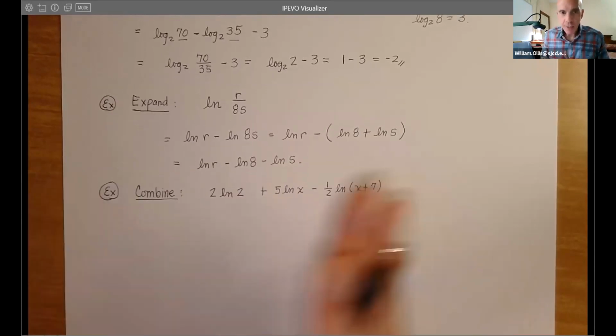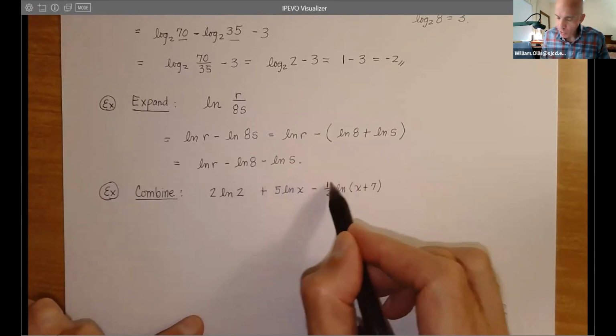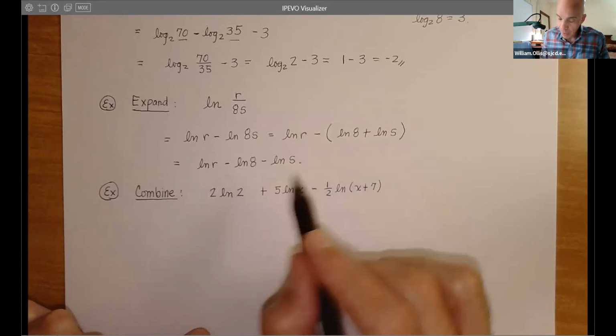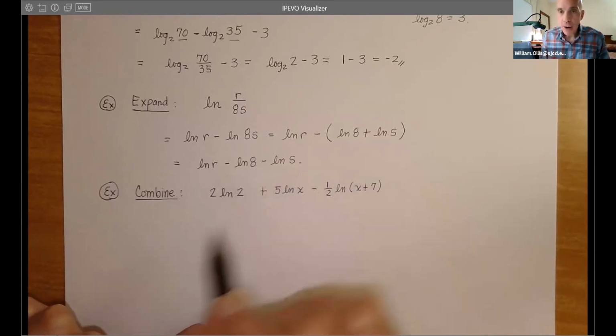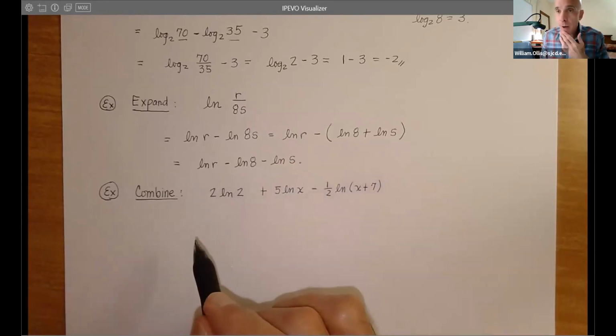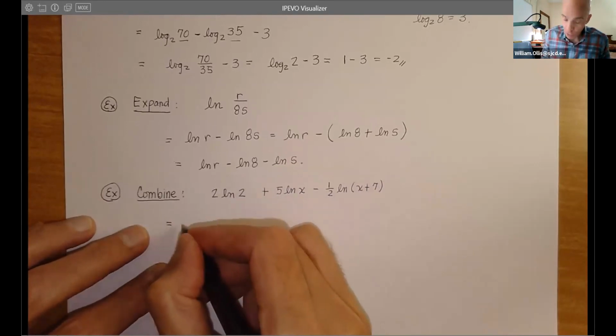So now if we want to combine, we're thinking we need the power rule to go in the backwards mode. So the 2 needs to become a power of the 2. The 5 needs to become a power of x. And then of course we can just take the negative 1/2 up, and that can become a power of the x plus 7. So let's do that. Use the power rule in reverse, so to speak.